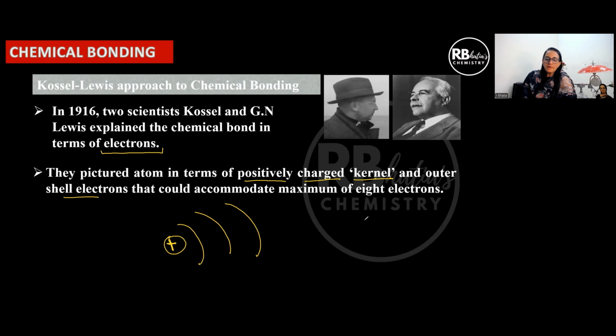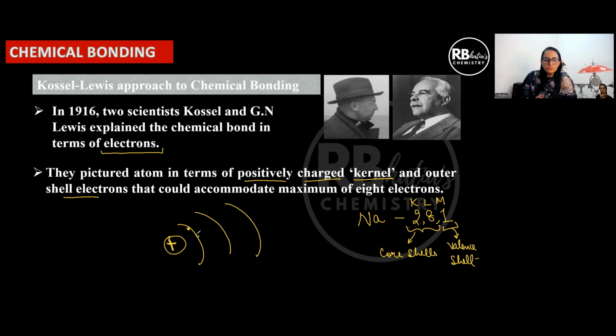So let us suppose I'm talking about sodium metal, whose configuration in simplest terms is 2, 8, 1. So there are 3 shells, according to atomic structure, the K, L, M shells, where the K and L shells are called the core shells. And the last shell, whichever is the last shell, will be called the valence shell, right?